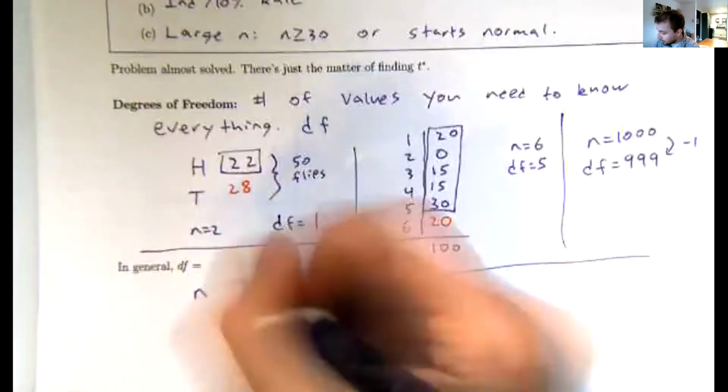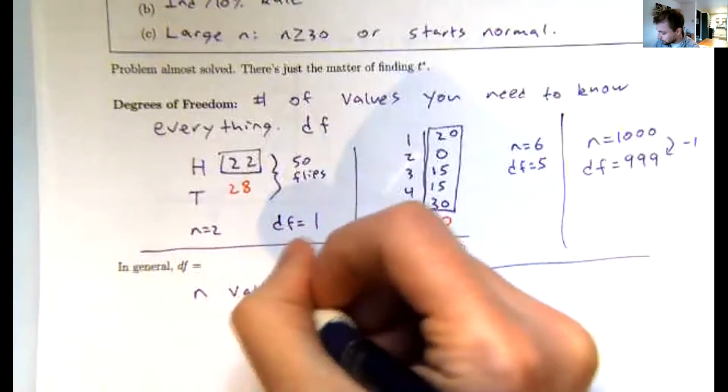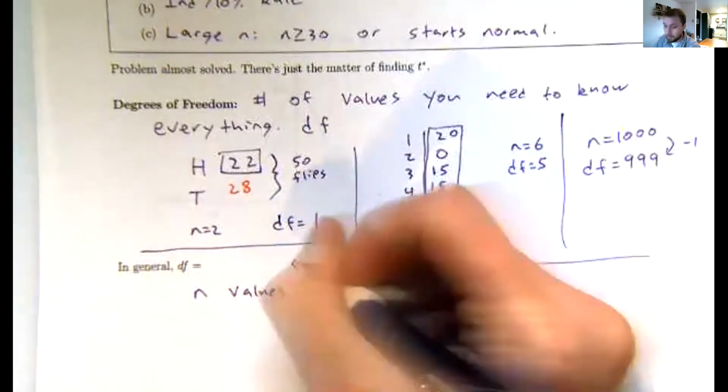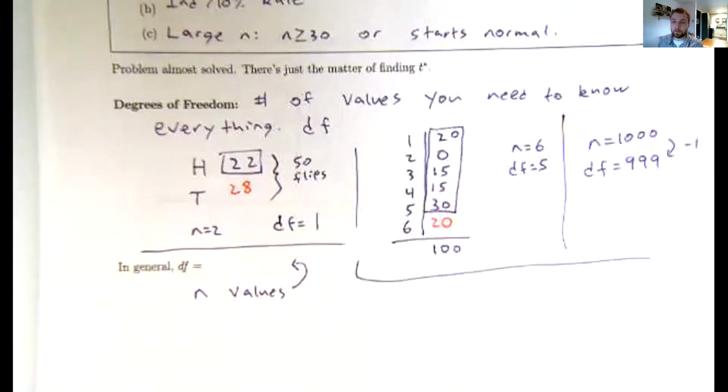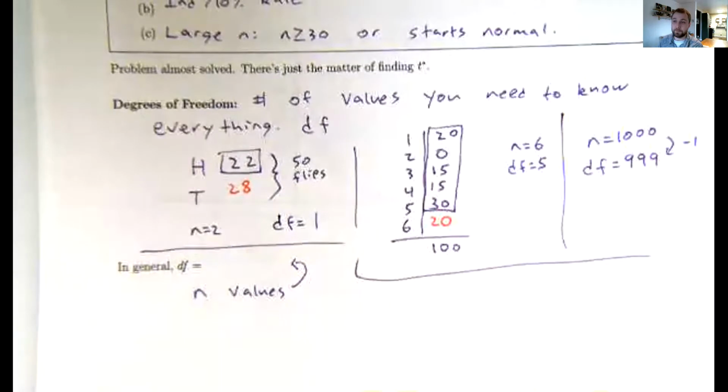So what do you think this means if I start out with n distinct categories, or n values? I want you to see if you could come up with a formula there. So pause the video, look at the relationship between these. What do you think the degree of freedom formula looks like in general?